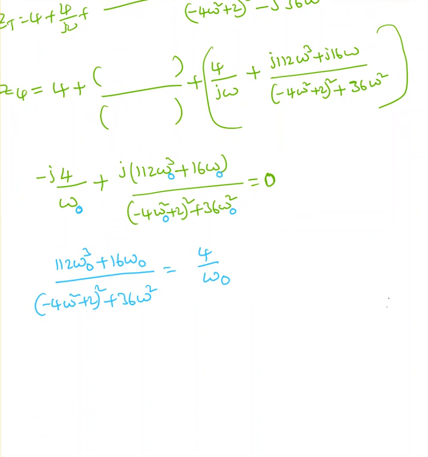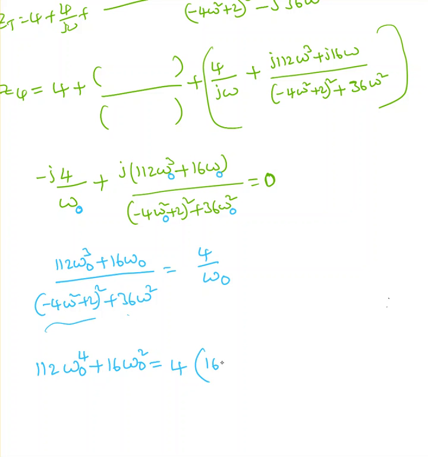Now I'm going to pull the omega naught to the other side. We'll end up with 112 omega naught to the power of 4 plus 16 omega naught square equal to 4 times. Now this is square, I'm going to expand that.